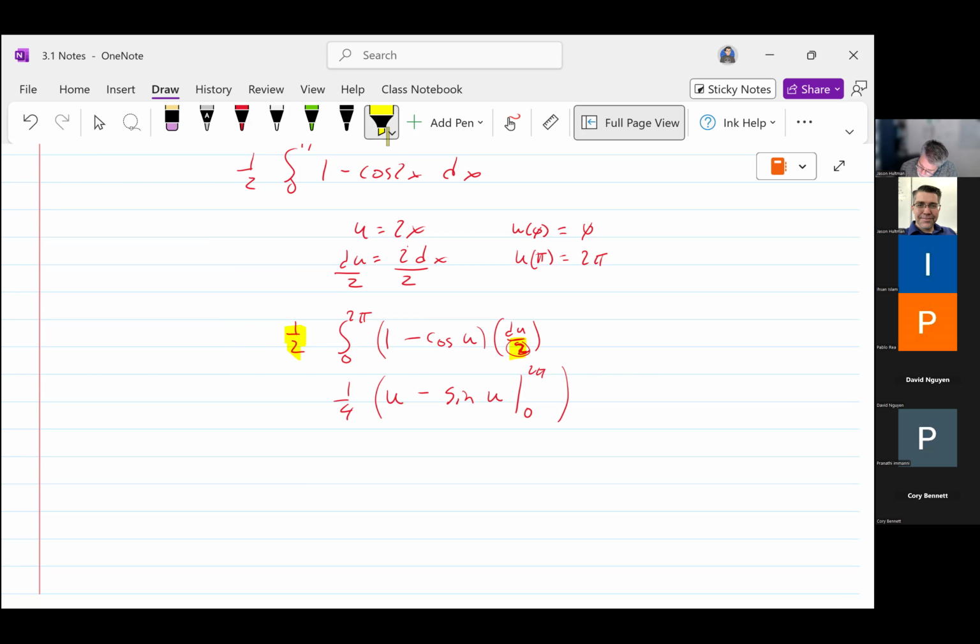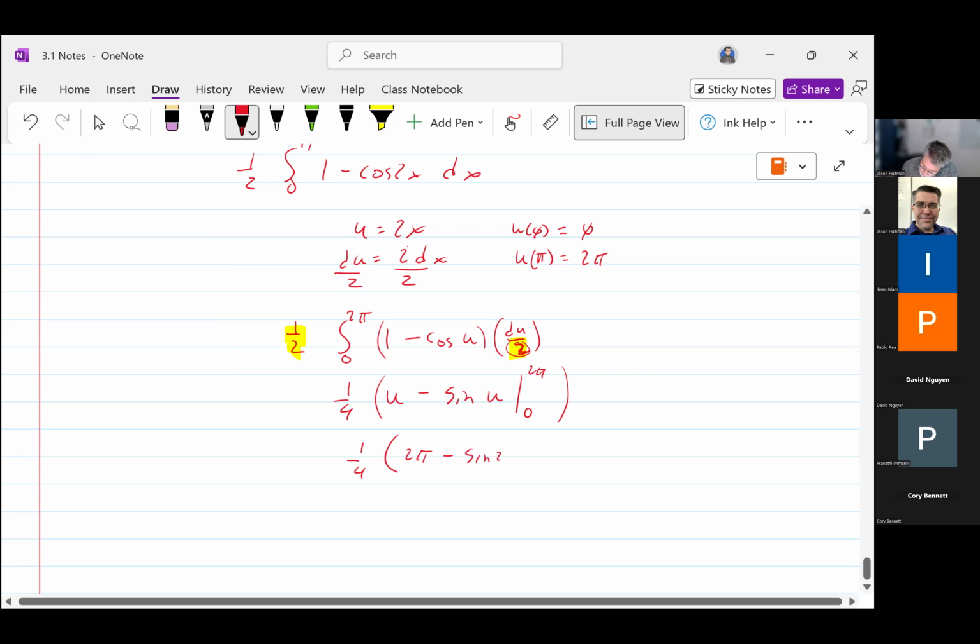Now I'm just going to plug in for my limits. So I'm going to go 1/4 times 2 pi minus the sine of 2 pi, minus 0 minus the sine of 0.